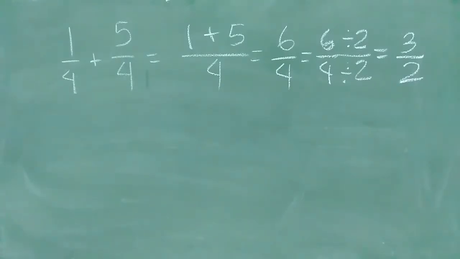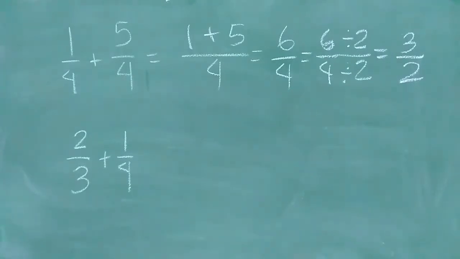Okay, how if we have different denominators? For example, we have 2/3 plus 1/4. In here, we have to find their common denominator.